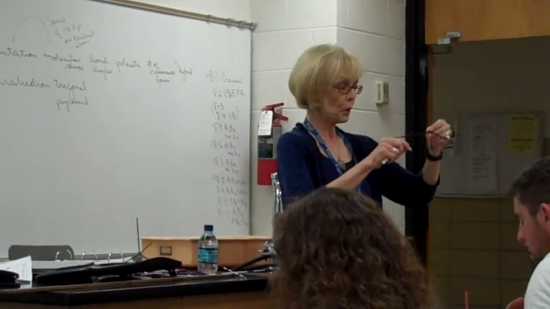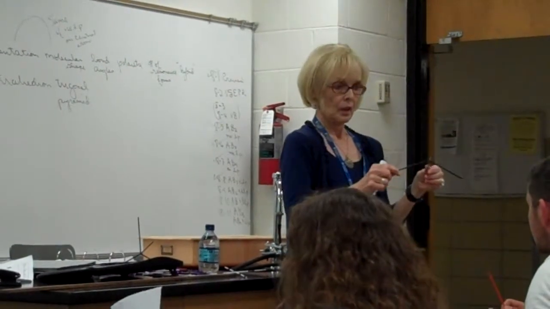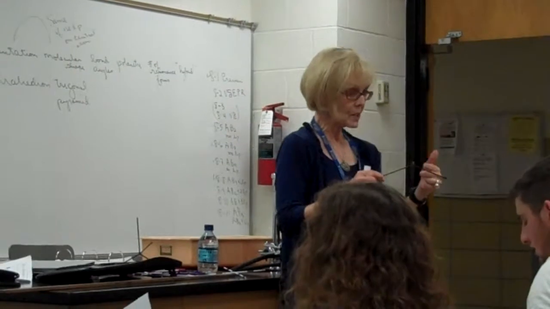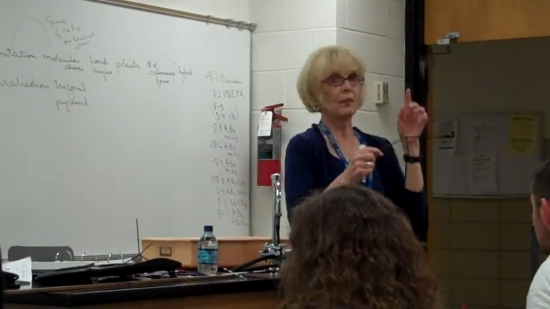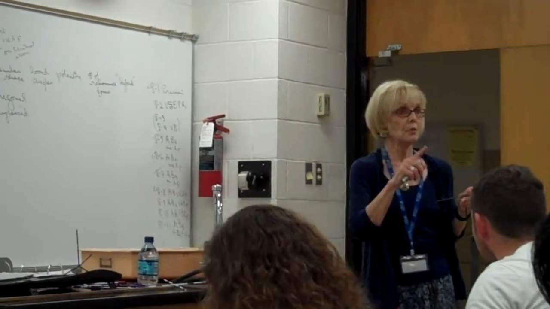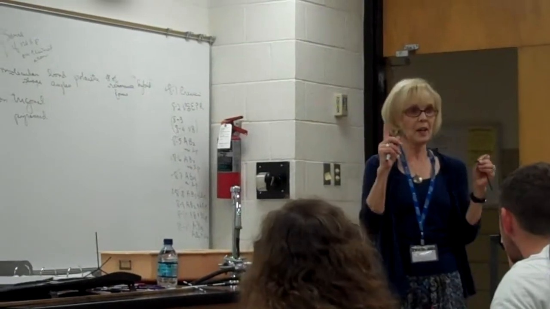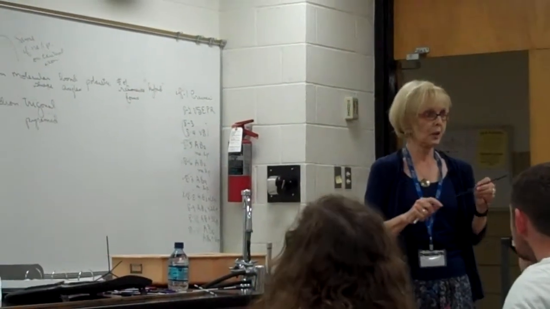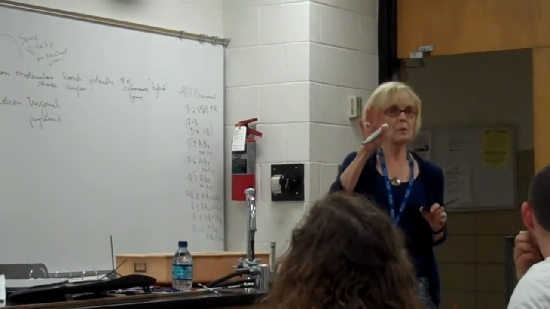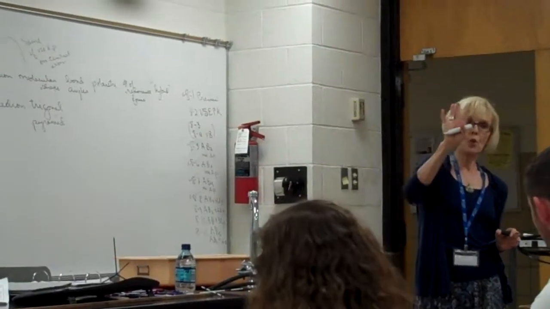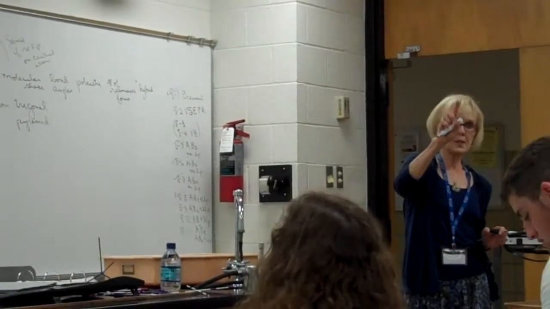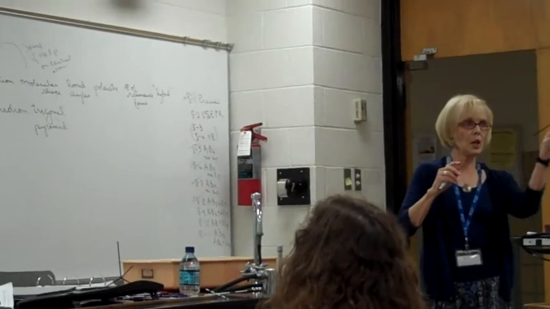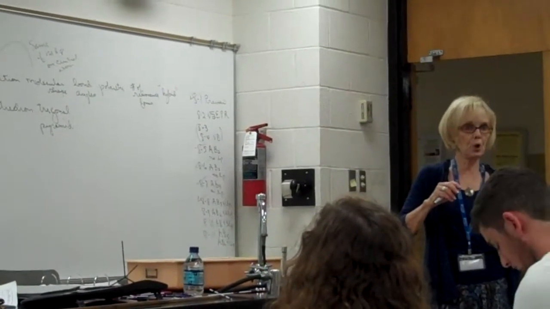So trigonal pyramid. That's only with lone pairs. It's only in this case, one lone pair. Okay, let me just take it from the top. You have 4 things around the central atom, and one is a lone pair. Molecular shape, trigonal pyramid.